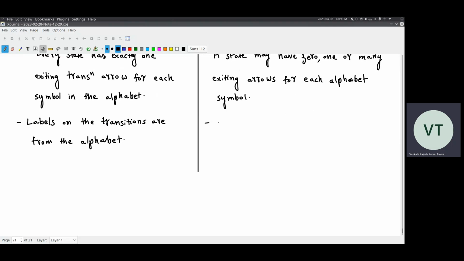What about NFA? Yeah, so the labels can come from the alphabet or epsilon as well. But epsilon still is not a member of the alphabet. Epsilon is separate. It is allowed as a separate symbol. Epsilon can never be a member of sigma, as we discussed earlier.